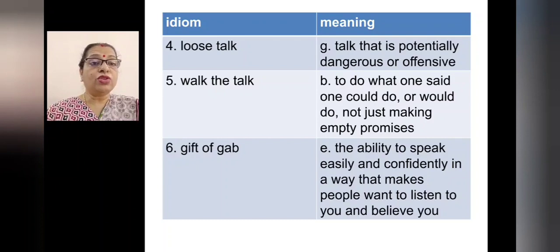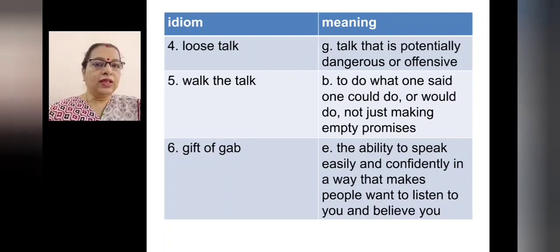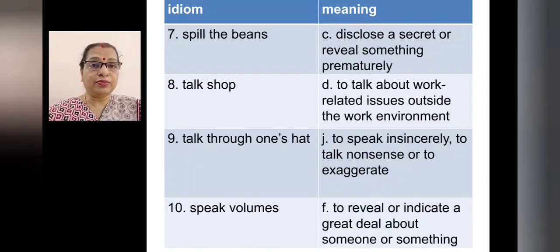Walk the talk: to do what one said one could do or would do, not just making empty promises. Gift of gab: the ability to speak easily and confidently in a way that makes people want to listen to you and believe you. Spill the beans: disclose a secret or reveal something prematurely.